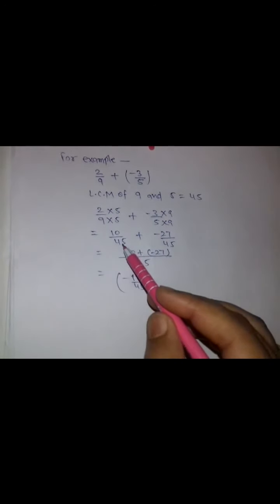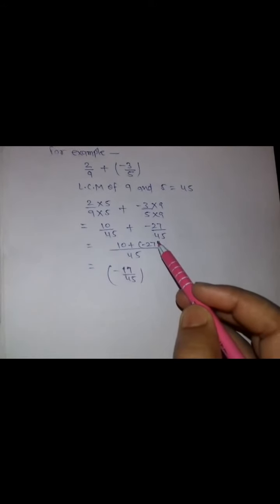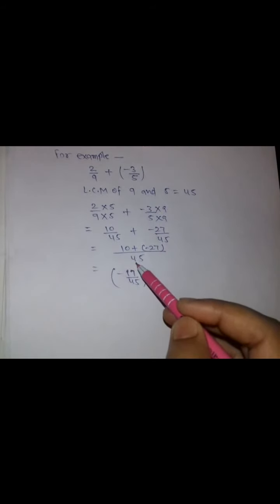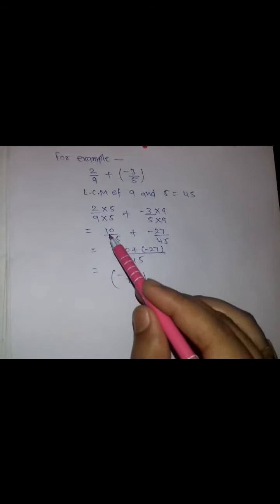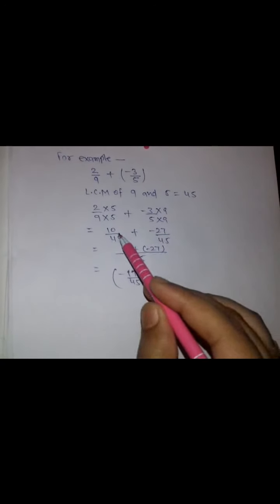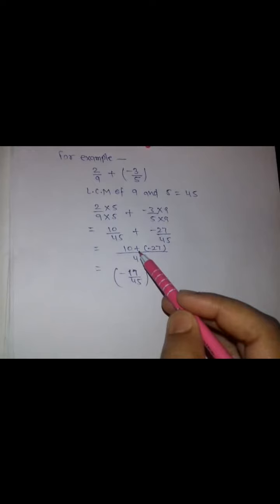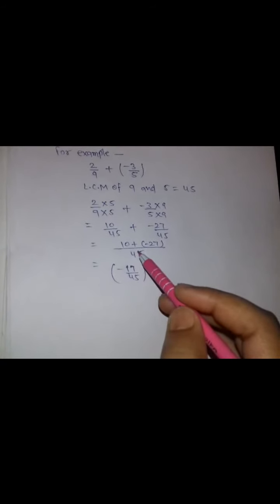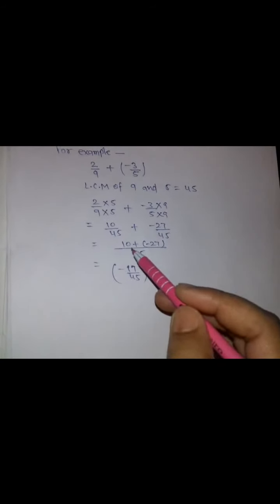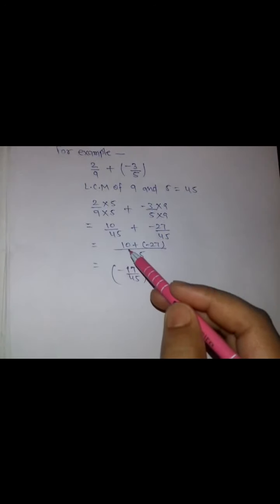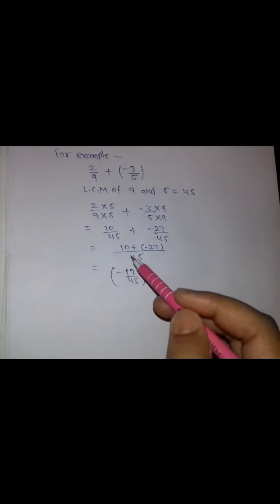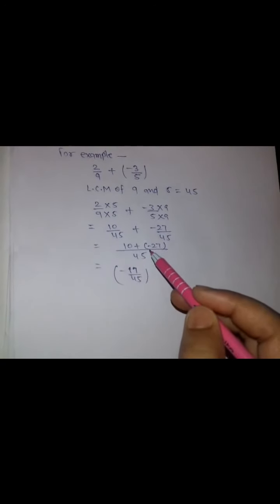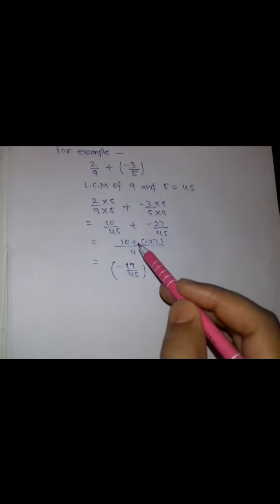Now we have the same denominators and there is no problem. We will write only one denominator, and put the operation between the numerators, 10 plus minus 27. Operations on integers were introduced in previous classes, class 6 and 7, how to add or subtract integers. Here one is a positive and one is a negative integer, so it will be subtraction.